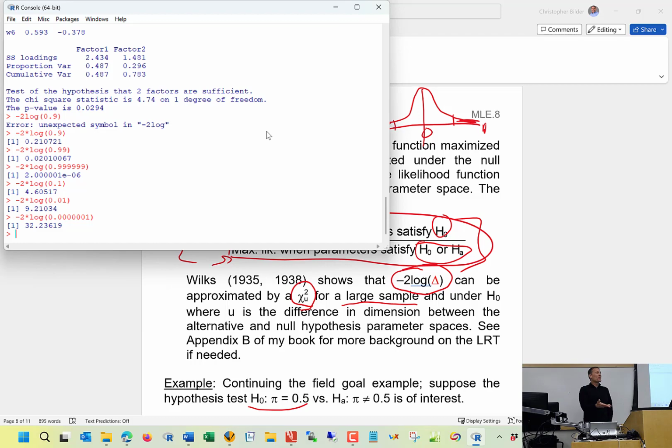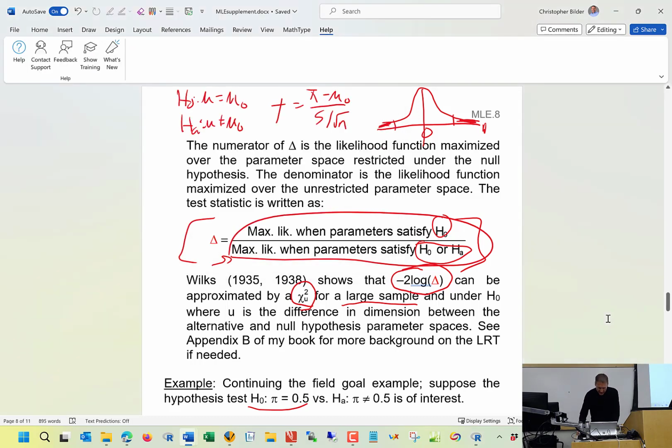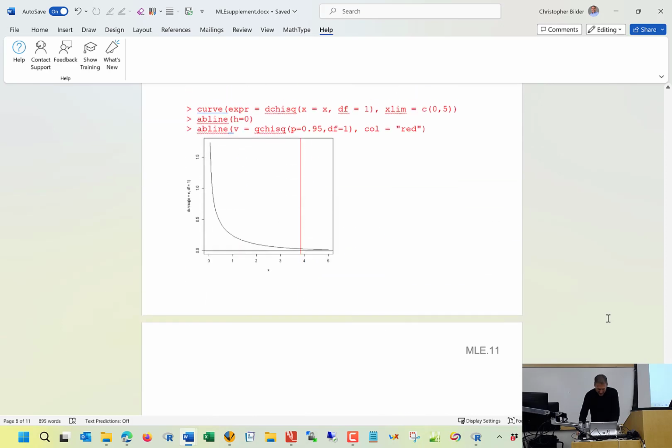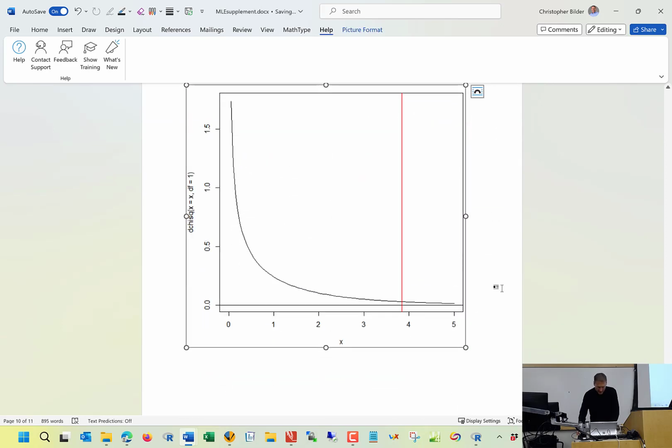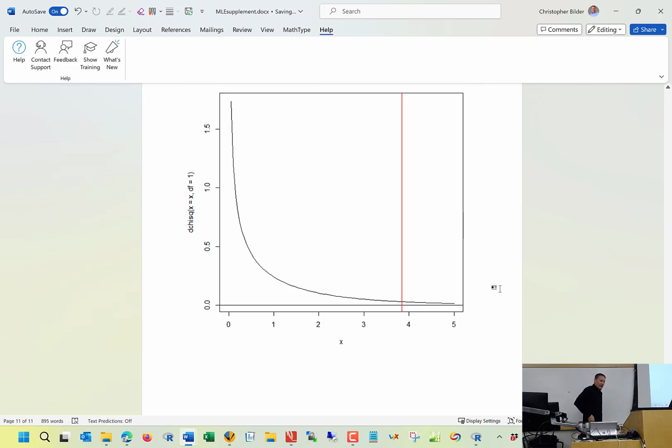That's where this chi-square distribution comes in. I did a quick plot here of a chi-square distribution with 1 degree of freedom, which happens to be the number of degrees of freedom we have for our field goal kicking problem. The reason is that in the null hypothesis, if pi is 0.5, we have no more parameters.